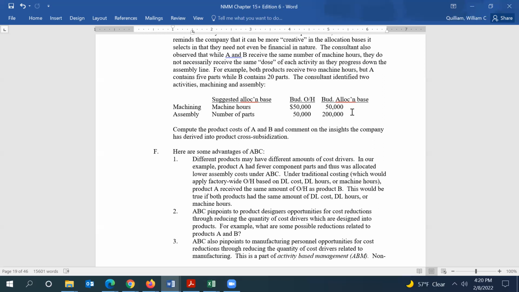It sounds like that's going to correlate really closely with the overhead costs going into the assembly activity. That's great. So by breaking up that $100,000, we broke it into these two smaller overhead cost pools. And again, each one is going to contain costs being more alike than that one great big plant-wide cost pool over there. Okay. So I'll come back to the rest of that in a little bit.